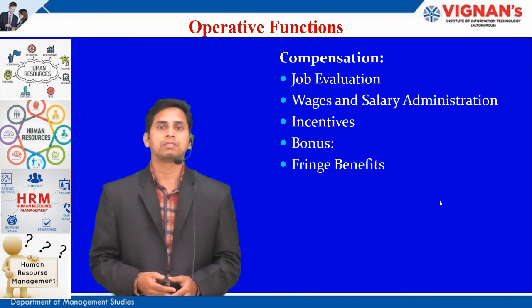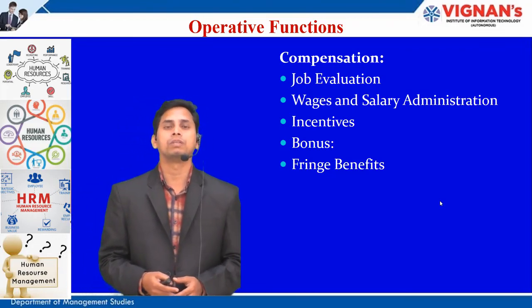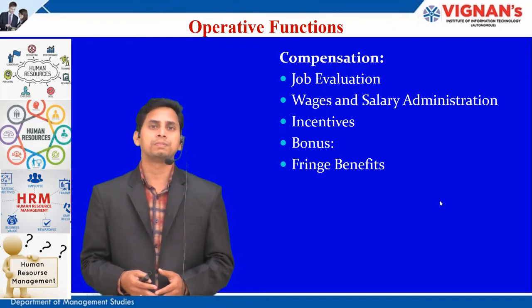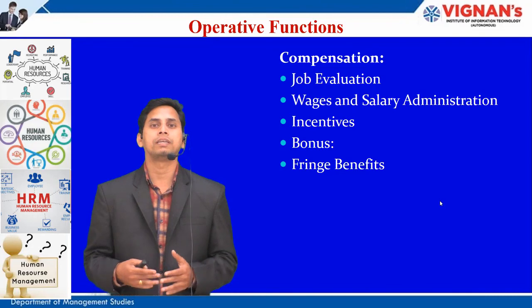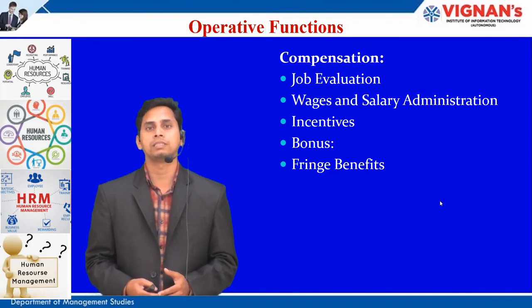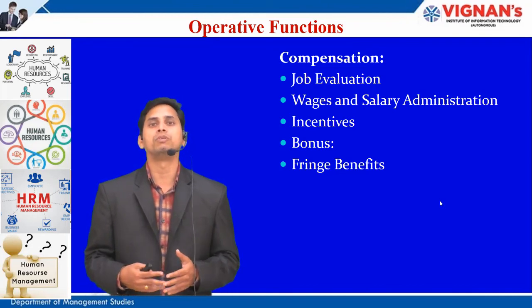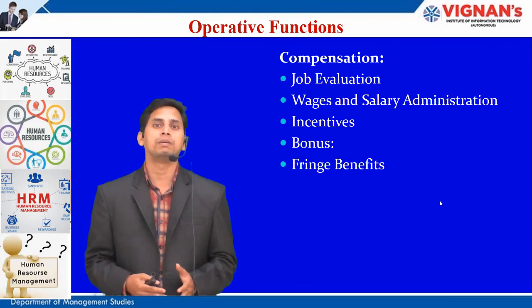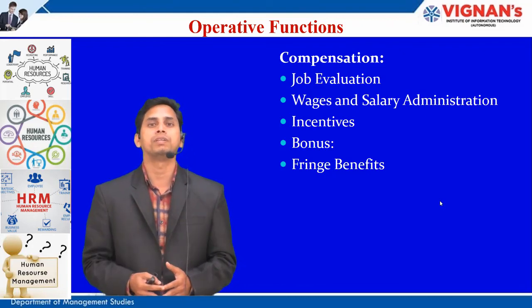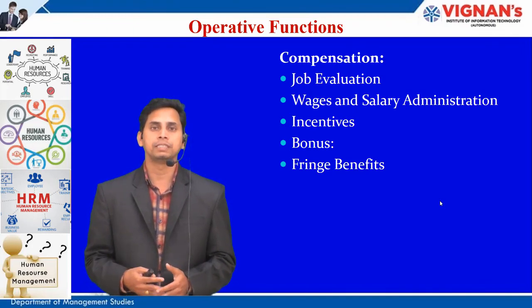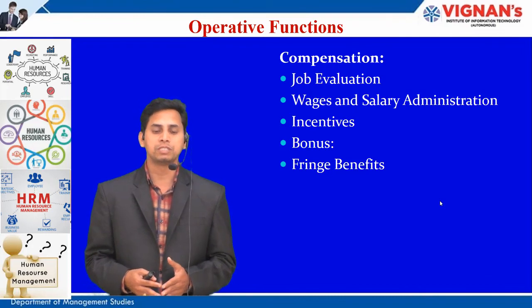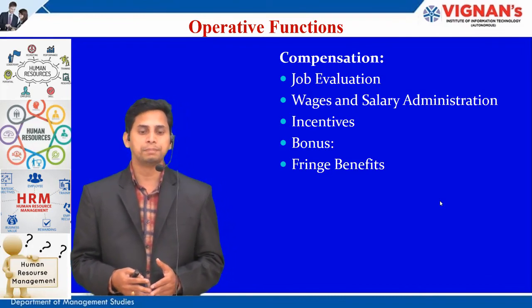And then incentives. Incentives play an important role in development, because when you provide an incentive, it motivates the employees, and with this motivation, not only that particular employee but also subsequent employees will be motivated and try to put their heart and soul into the jobs, and try to develop the efficiency of the organization. And then bonus.